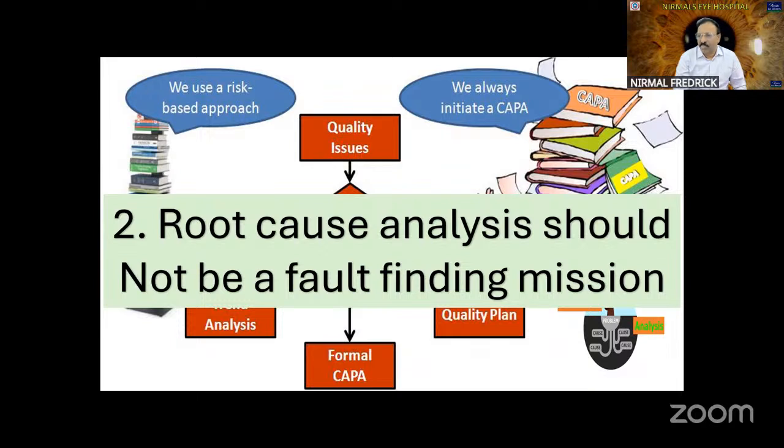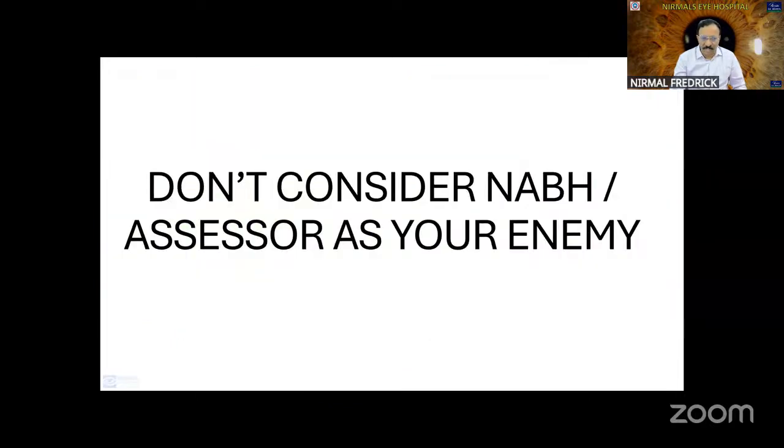There's a lot of attrition during implementation, because once you start questioning the staff, there might be some blame game. It should not be a blame game. It should be for improvement, so use root cause analysis to improve your processes, and do not make it a fault finding mission.